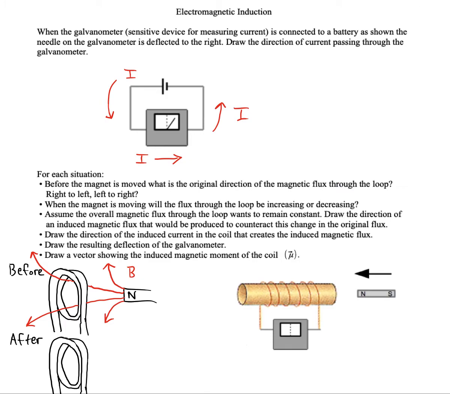If we do, we might find that in this case, a small number of field lines will actually penetrate through the loop of the coil.